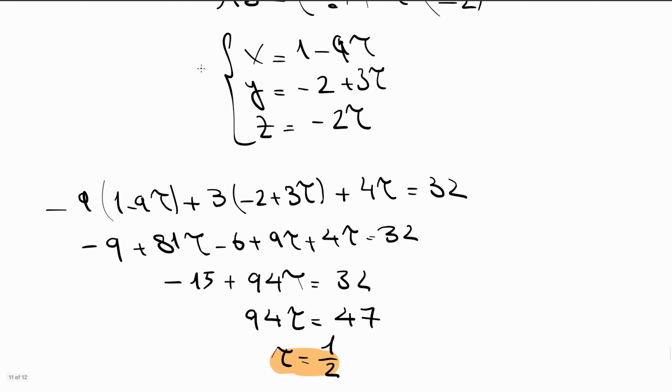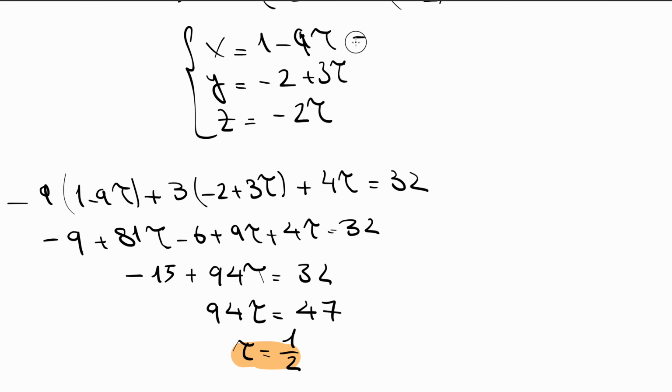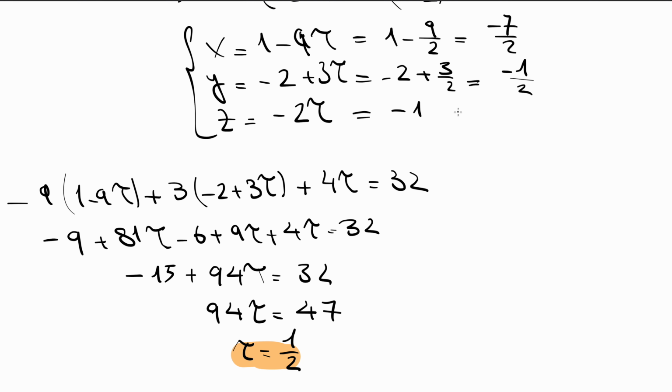Now you can solve for x: 1 minus 9 over 2, which is negative 7 over 2. Then y is negative 2 plus 3 over 2, which is negative 1 over 2.